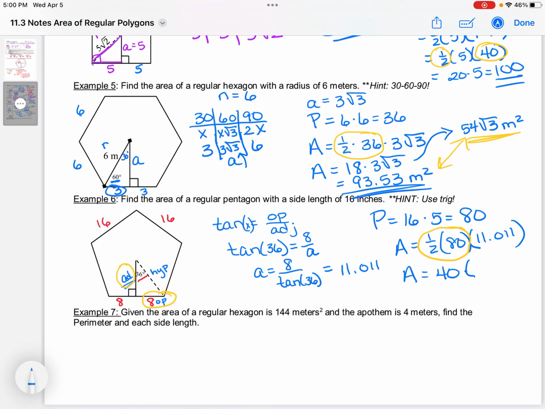So that's going to be area equals 40 times 11.011. And that is equal to 440.44. And that would be square inches because we have inches squared.